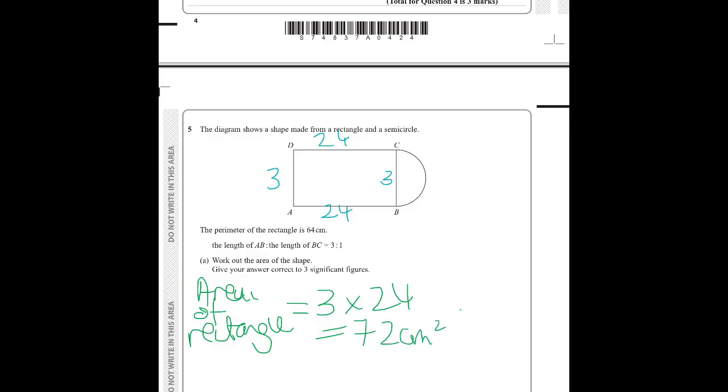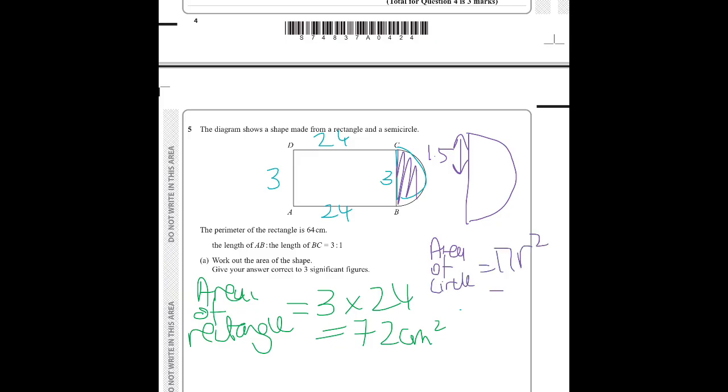Now the semicircle is slightly harder. Okay, so this semicircle here, I'll use purple. Now we know the height of the rectangle is 3, meaning the radius is 1.5. It's just half. Now I know the area of a circle. I know it's a semicircle, but bear with me. The area of a circle is pi r squared. So if I had both halves, I'd use this formula.